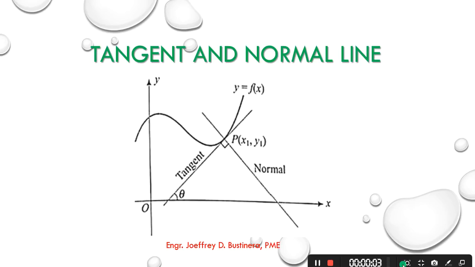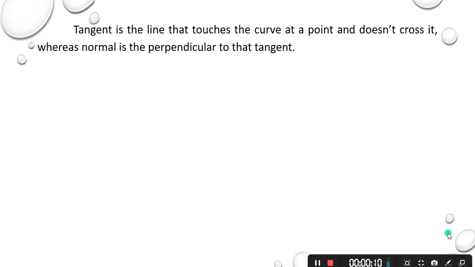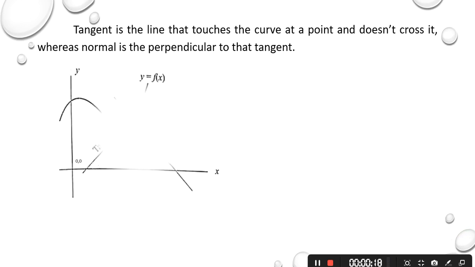Our topic for today is the tangent and normal line. A tangent is a line that touches the curve at a point and doesn't cross it, whereas the normal is perpendicular to that tangent.